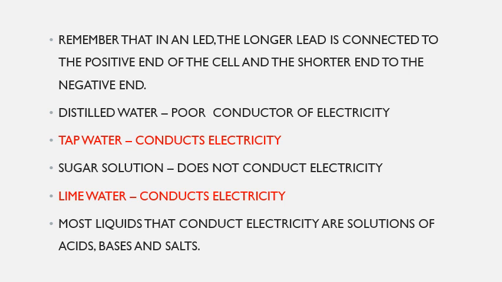Remember that in an LED, the longer lead is connected to the positive end of the cell and the shorter end to the negative end. Thus, by doing experiments with different solutions, you have observed that the bulb lights up in the case of tap water, lemon juice solution, common salt solution, vinegar solution and solutions of acids and alkalis.